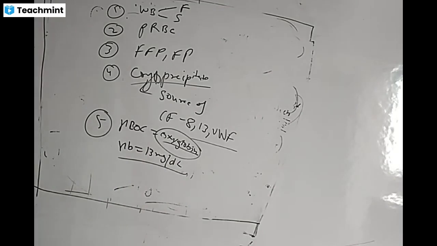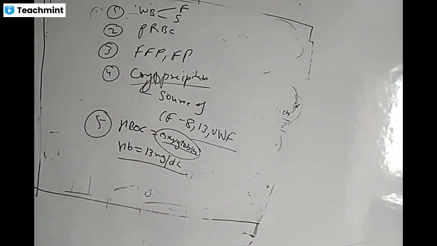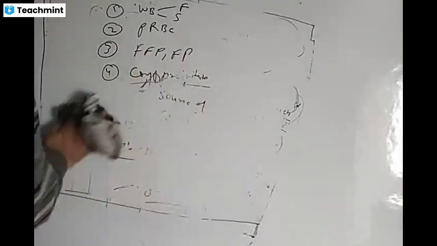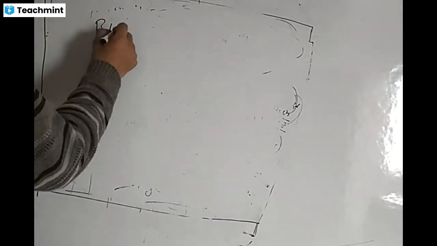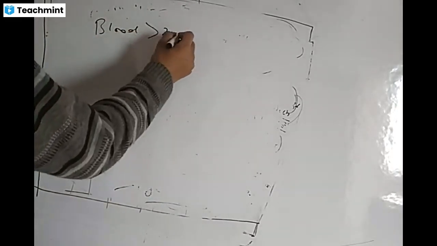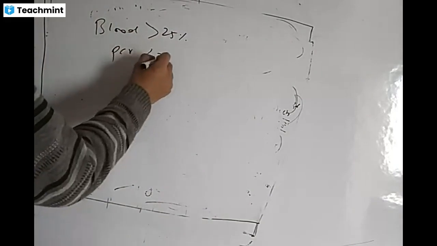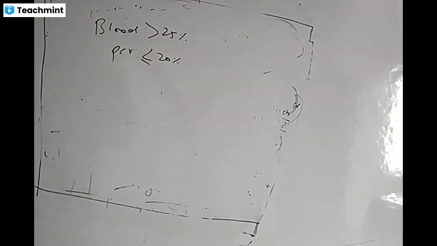These are the blood products we use when blood loss is more than 25% and PCV is 20% or less.